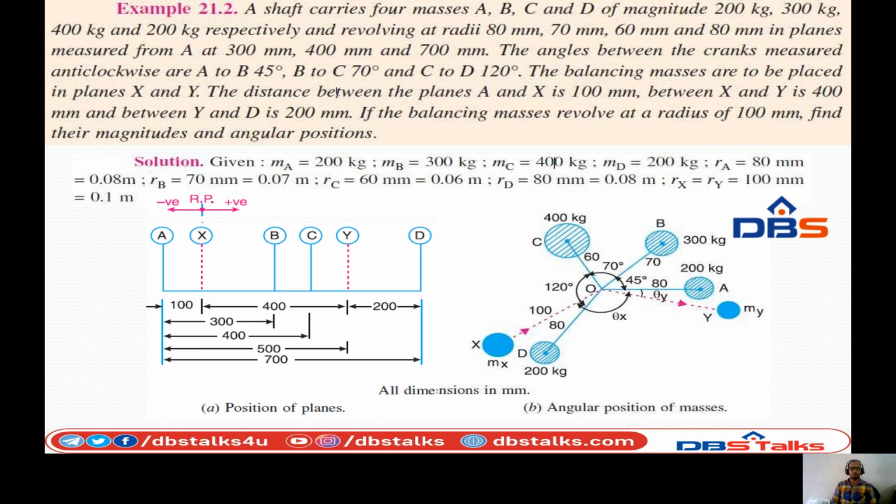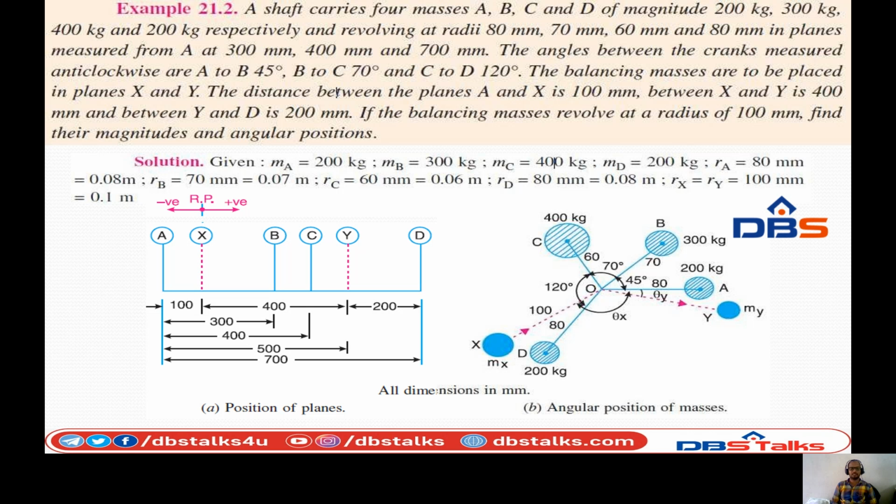So we need to make a gap of 400 from X to Y. Then the distance from Y to D is 200, so from Y to D we make a note of the value as 200. So firstly it is 100, again 400, again 200.